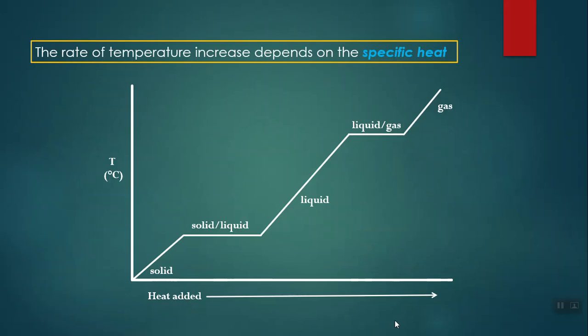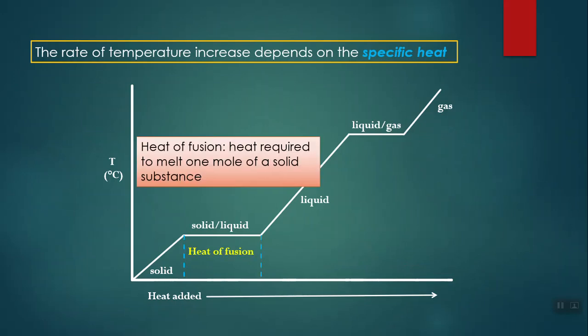So here, when we look at this heating curve, we can see that where we see the slants on the heating curve, this rate of temperature increase will depend on the substance's specific heat capacity. Now, let's talk about the parts where it's flat. Okay?